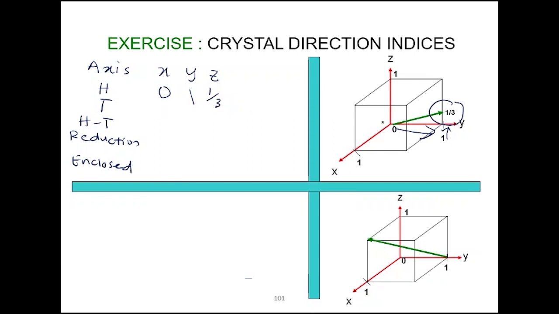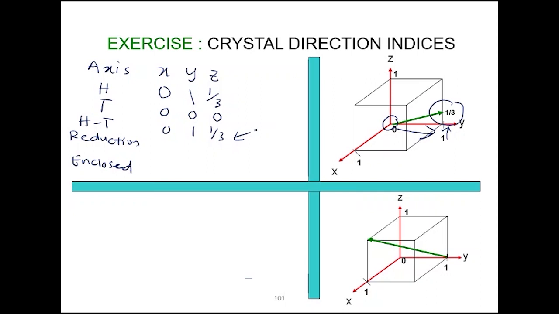For the tail, the coordinate is 0, 0, 0. When we have a fraction, we need to do reduction to make it an integer. How to make this an integer?